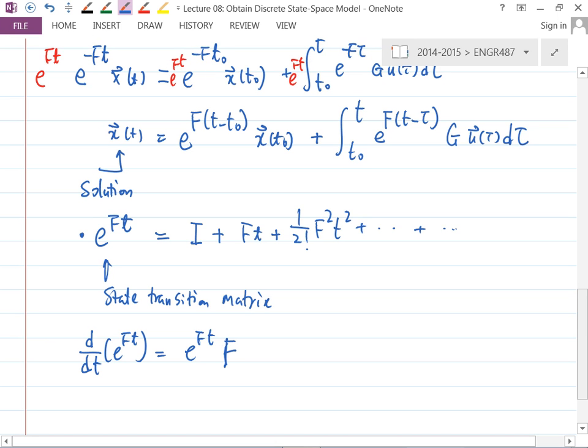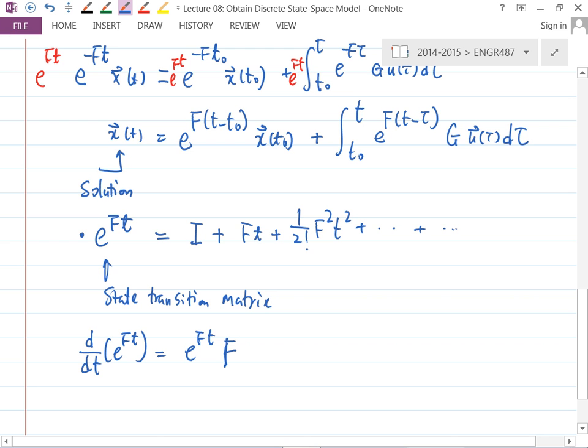So state transition essentially means this matrix times the initial condition here. If your input is 0, then your output is basically all based on the initial response, right? So that matrix right here essentially brings the initial response to wherever the final state is.